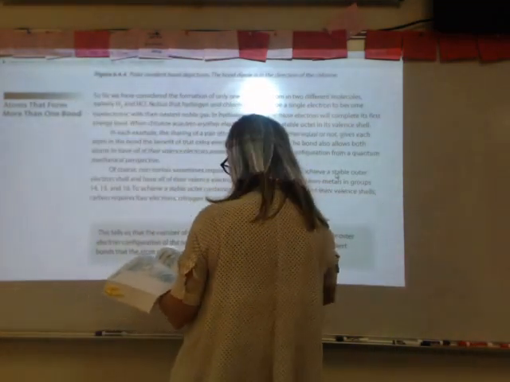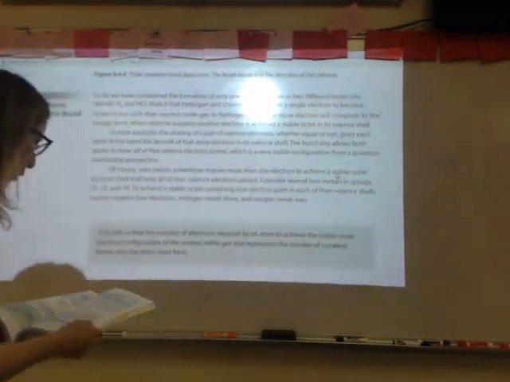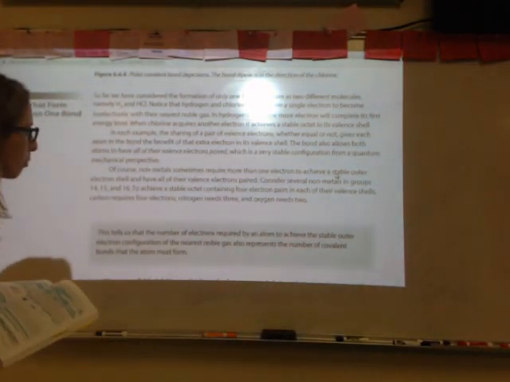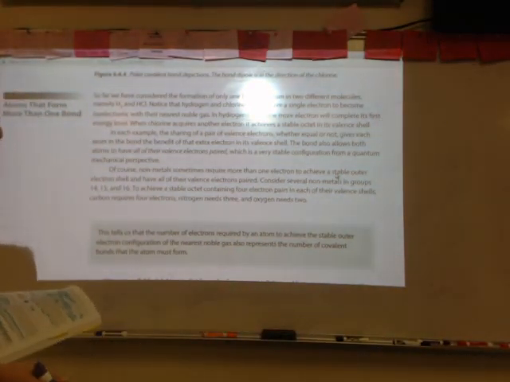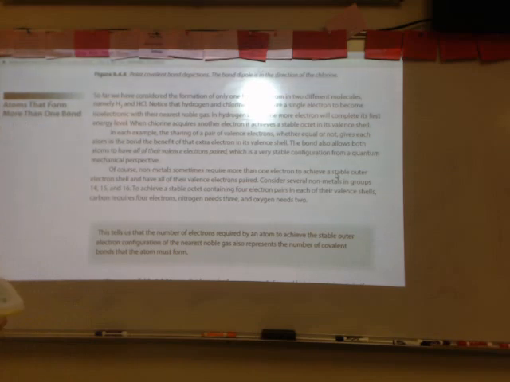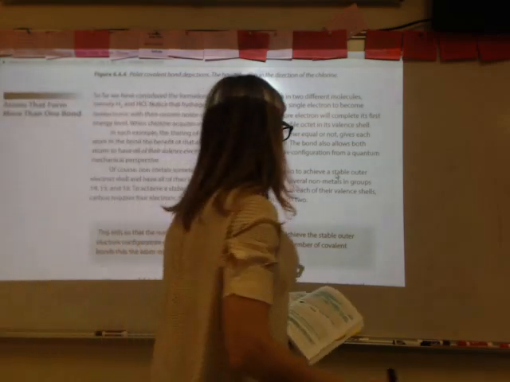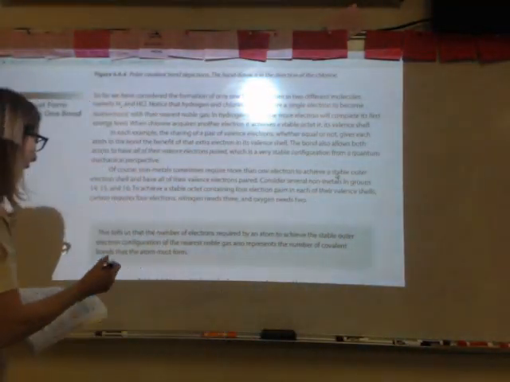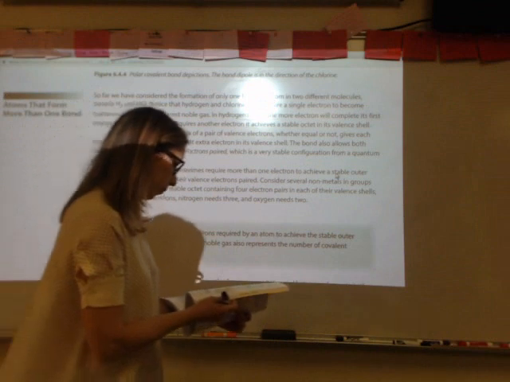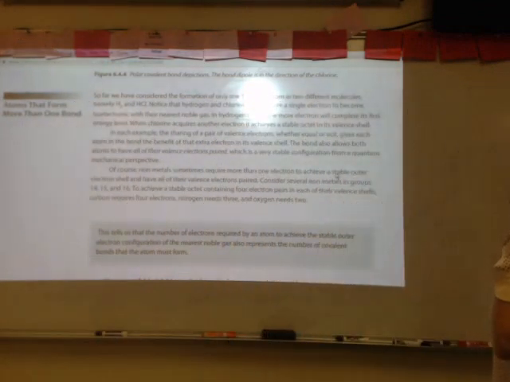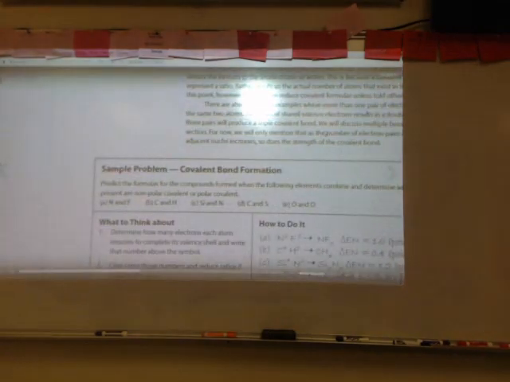Now, what do we do when we have atoms that form more than one bond? Well, sometimes nonmetals need more than one electron to be stable and to have 8 electrons in their outermost shell. I'll show you on the next page what I'm talking about. But just so you know, a single bond uses a pair of electrons, and it's the weakest of the bonds.